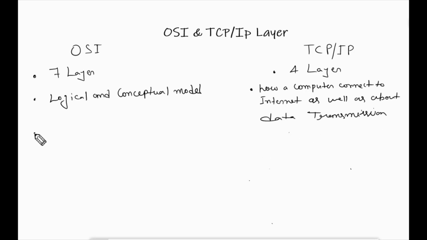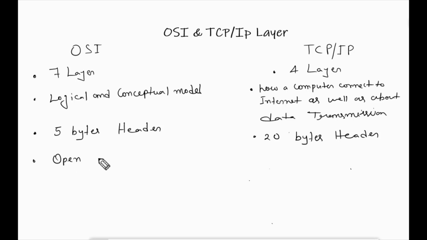Also this OSI has only a 5-byte header, where TCP has a 20-byte header. Also this OSI is open source, so anybody is open to change the standard according to their development requirement.